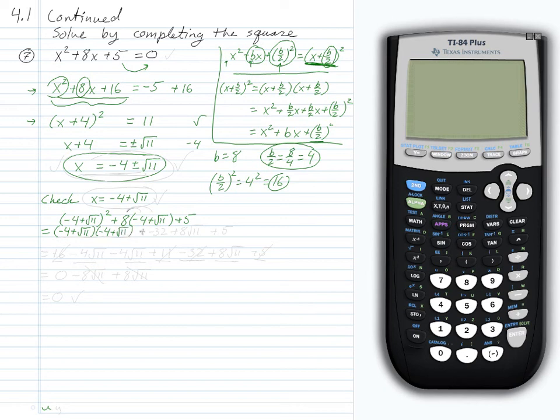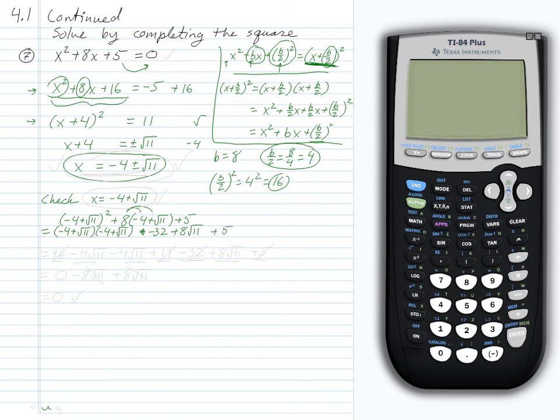I'll go ahead and distribute the 8 in. We're going to have 8 times negative 4, so negative 32. And 8 times square root of 11. There's no better way to write that than 8 root 11. And then finally we've got the plus 5.